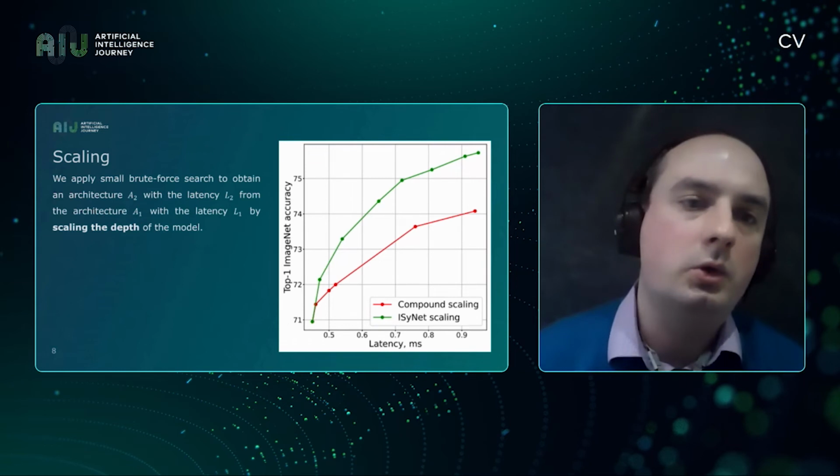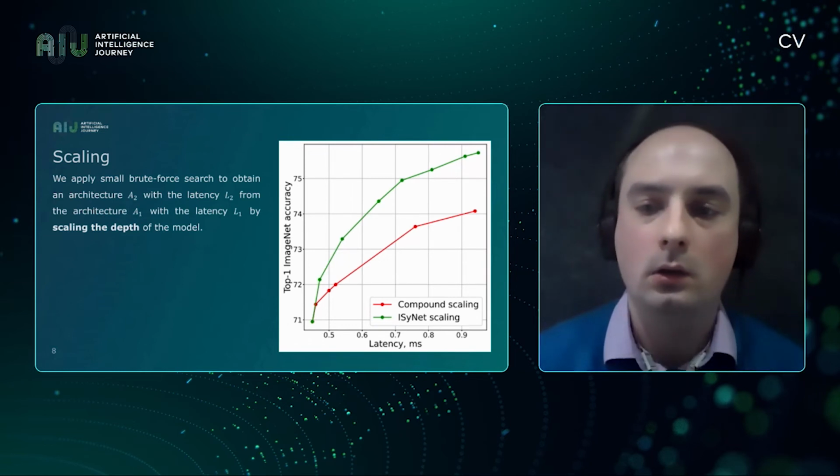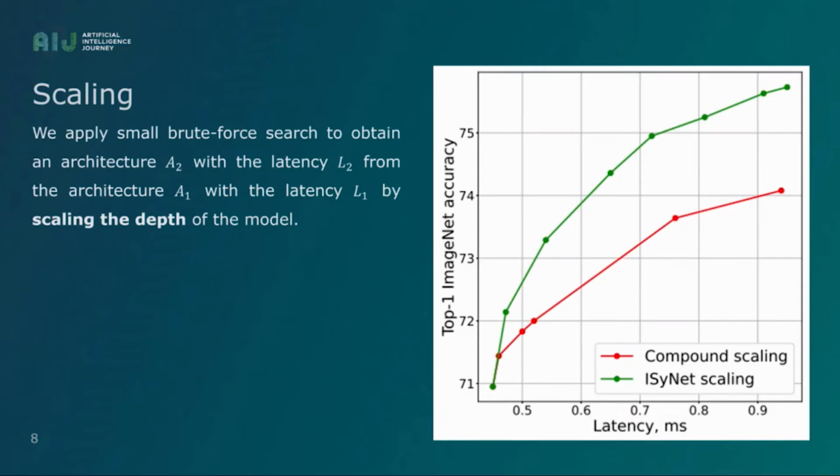As for the scaling procedure, at first we used existing procedures such as compound scaling, if you remember the ISyNet article, but this method is focused on scaling by doubling the FLOPs number for the model.